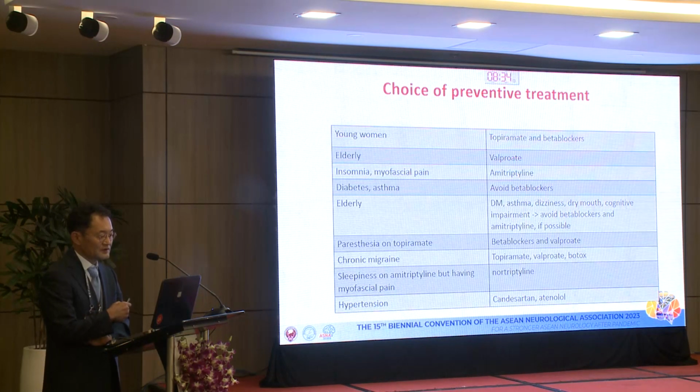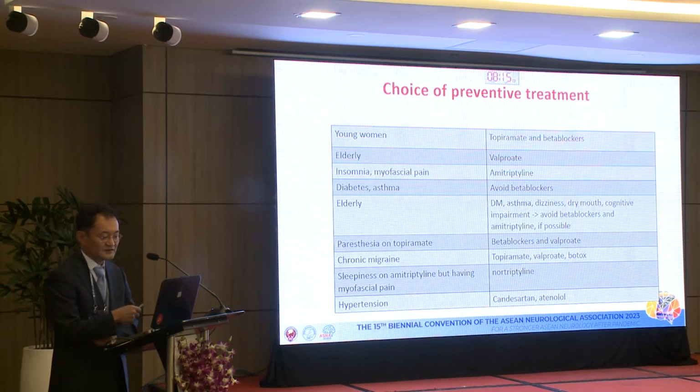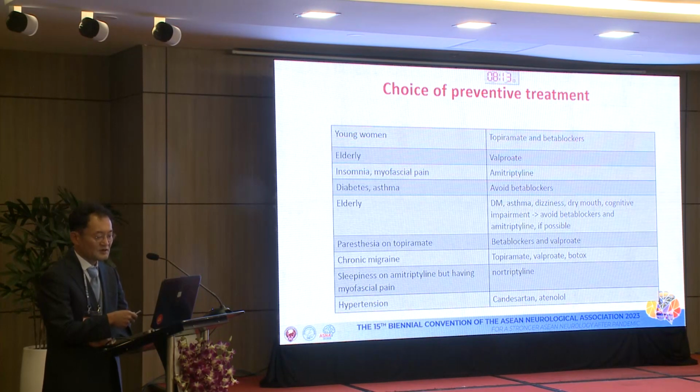Choice of preventive medication. For young women, topiramate and beta blockers may be preferable. For elderly patients, valproate. For those having insomnia and myofascial pain, amitriptyline would be recommended. For diabetics and asthma, avoid beta blockers. Elderly patients have a high frequency of diabetes, asthma, dizziness, dry mouth, and cognitive impairment, so avoid beta blockers and amitriptyline.